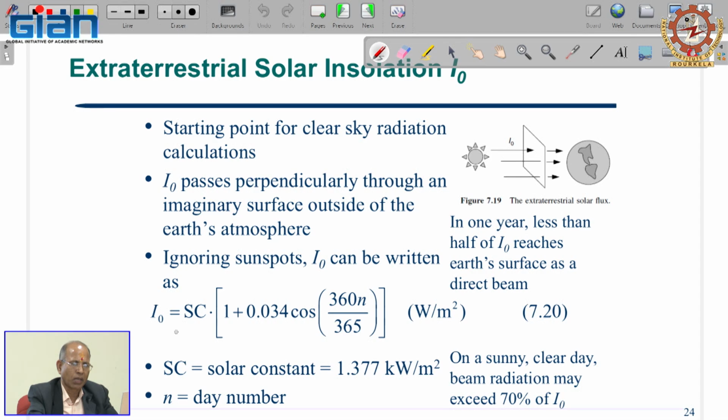I naught can be written as SC, where SC is the solar constant, which is 1377 watt per meter square, and N is the day number. So you can find I naught.